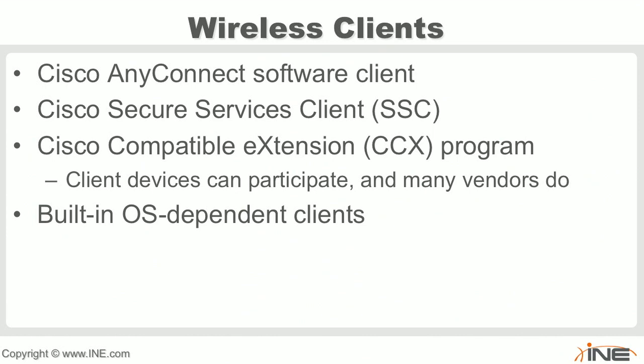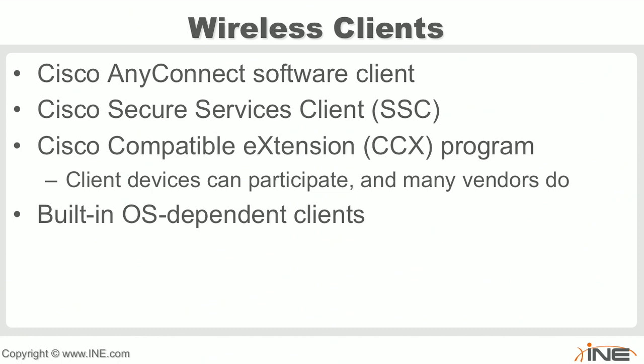There is something called, and this is not a particular client, this is a program, something called Cisco Compatible Extension Program, or CCX. And this is basically a software development kit, or SDK, that individual wireless manufacturers can participate in, and I should note that many vendors do. And by supporting different versions, as we go along, we have newer versions of this, and the newer versions can support newer, better things.